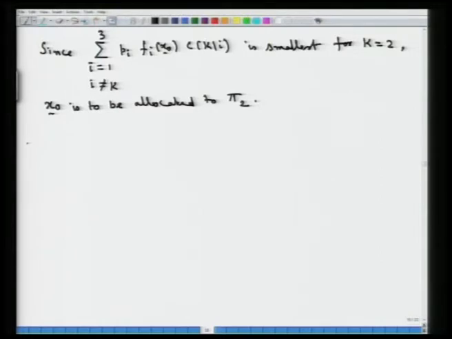Now, if we take a special case, in the previous example, suppose we take the costs of misclassification to be the same.